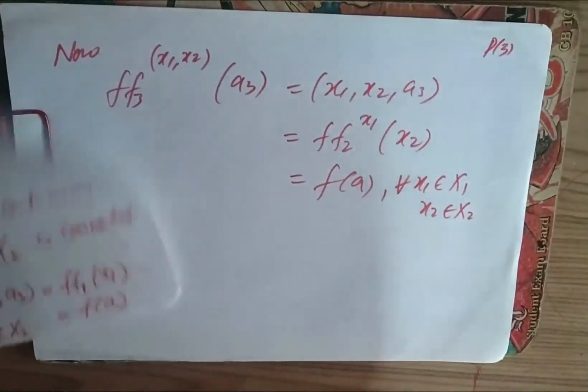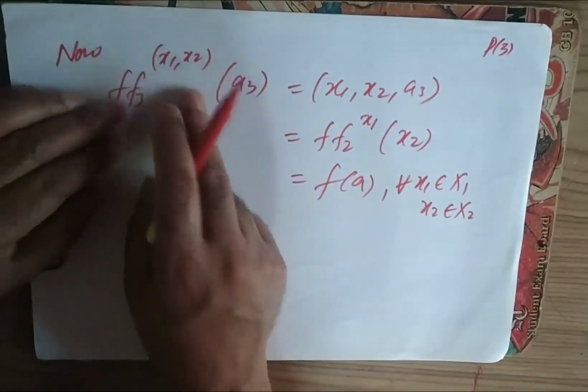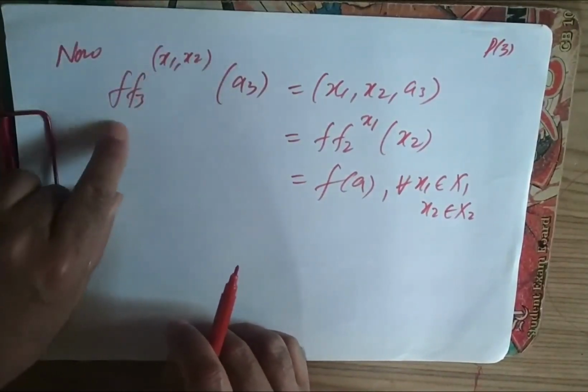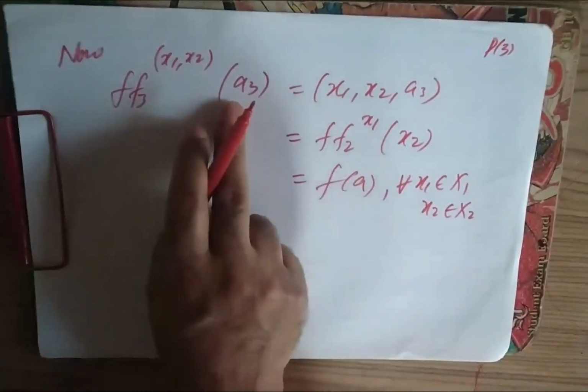It's a constant value. So since this f∘f3 x1 x2 is a constant map, its value at every point is some constant, but its value at a3 is equal to f of a.